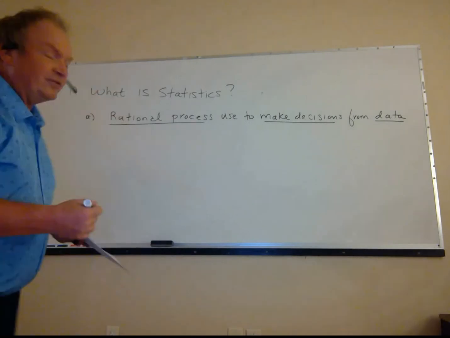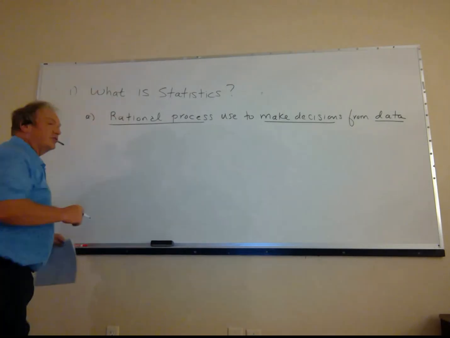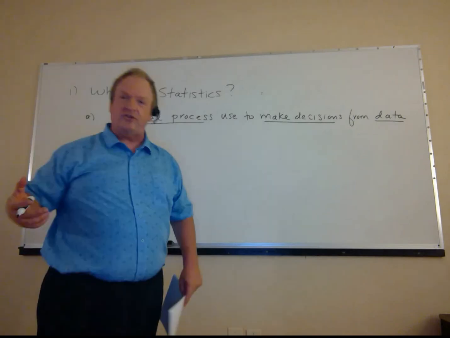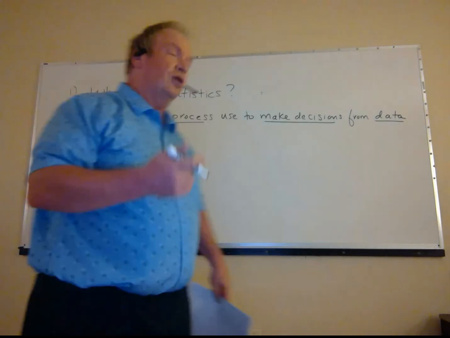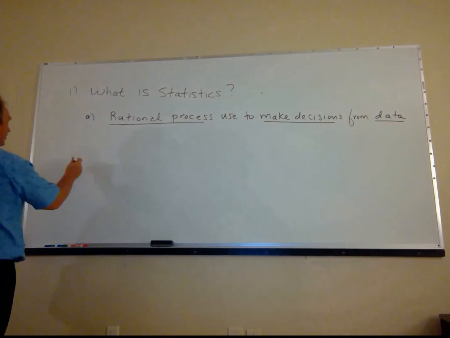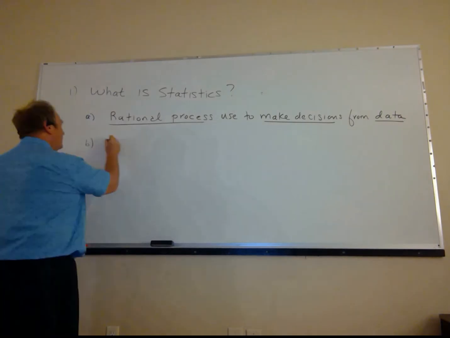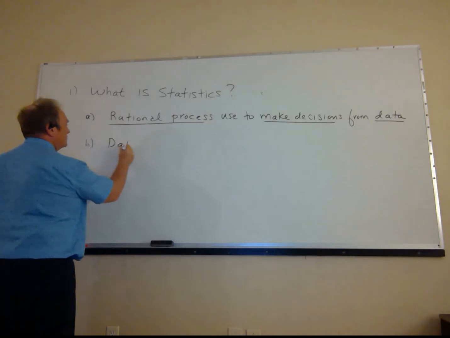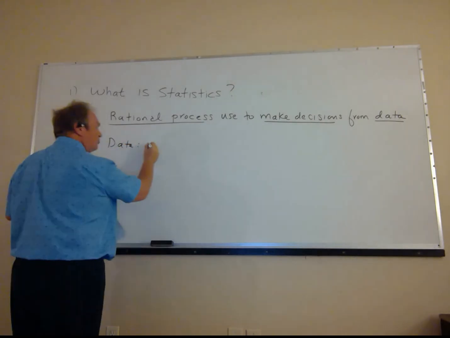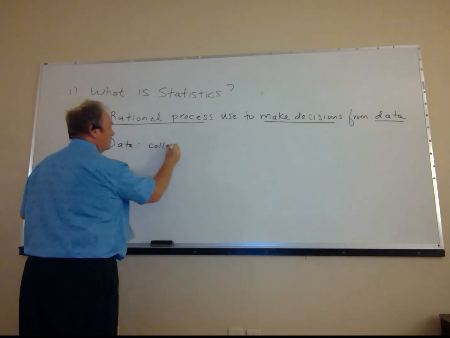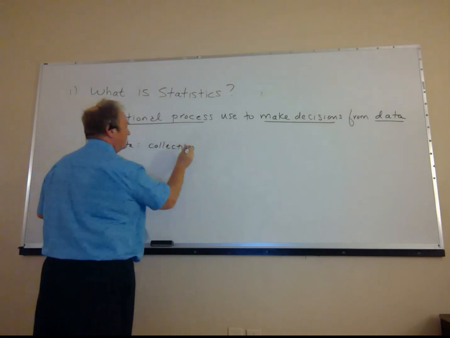All right, what is data? And so this is a little bit circular, kind of in a dictionary. You look up one word and it tells you to look up another. But data is one of those things that people really don't understand that much. So data is any collection of recorded observations with context.